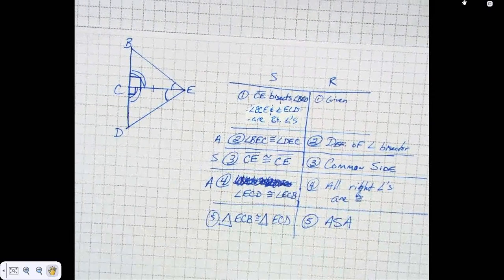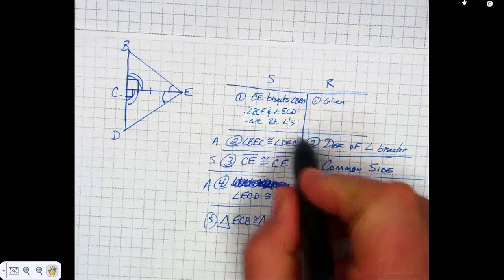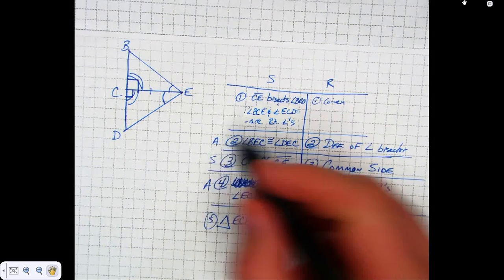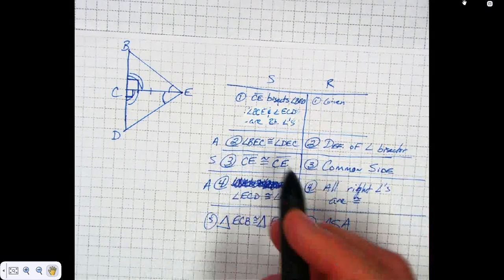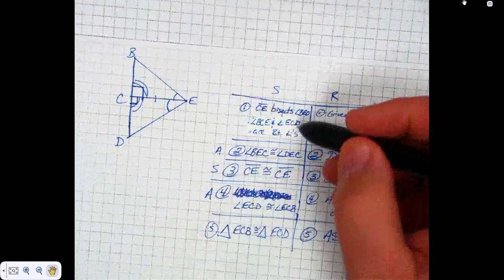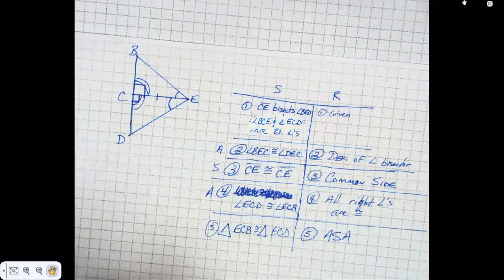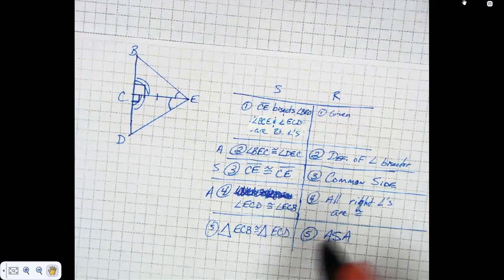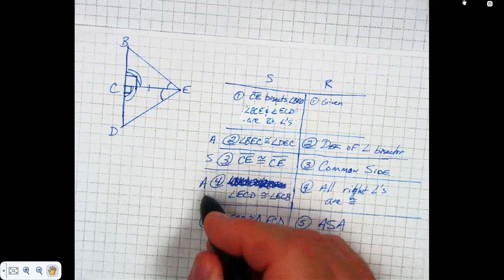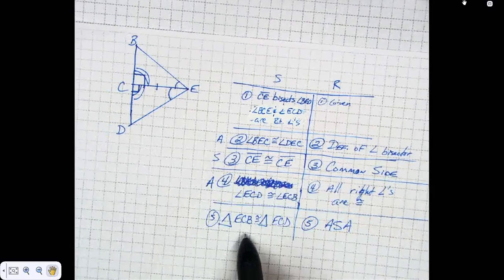I need to physically have a congruency statement. So I've now stated that they're congruent, so that's one of my A's. See how I physically wrote down that they're congruent, not inferring. I know when everybody looks at that, they think, oh yeah, they're right angles, so they're congruent. But we still at some point need to show it by writing the actual congruency statement. Once I've written all three of those down, I've established the three things I need to say that they are congruent.